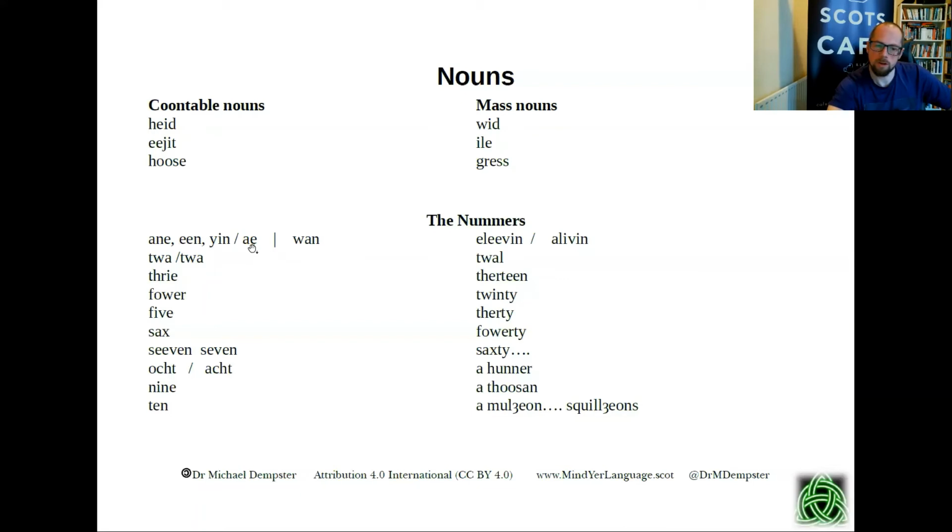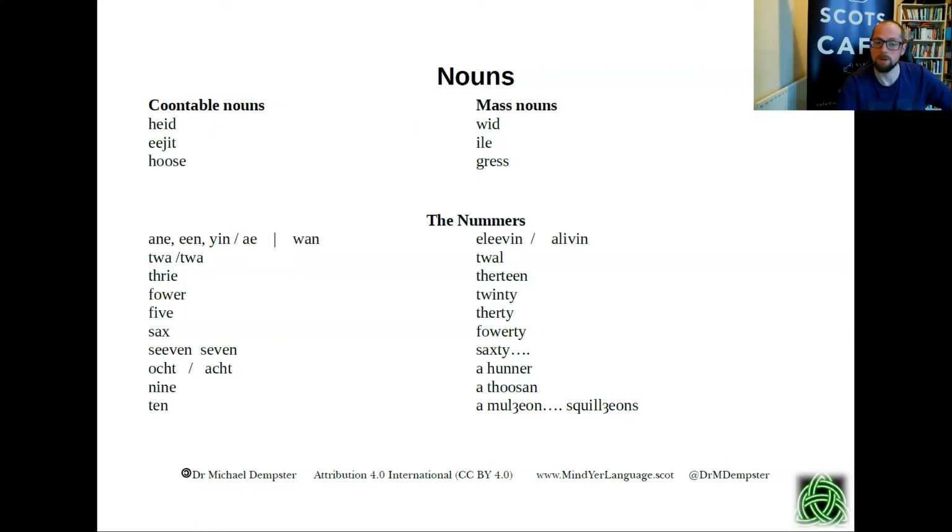If you're asking how many things there are, like how many sheep is there in the field, you would say there's ain sheep, there's yin sheep, there's een sheep. So yin and een are dialect variations of ain. So how many sheep is there? There's ain, right? But if you're talking about one sheep, you just use the a for them.